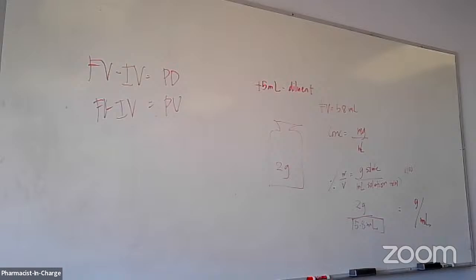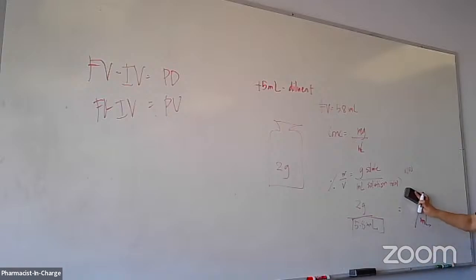Correct? Okay, so 2 divided by 5.8 equals 0.345. Is that correct?